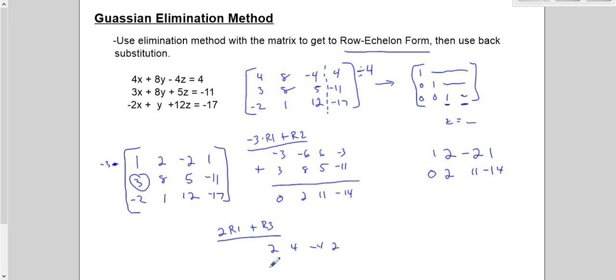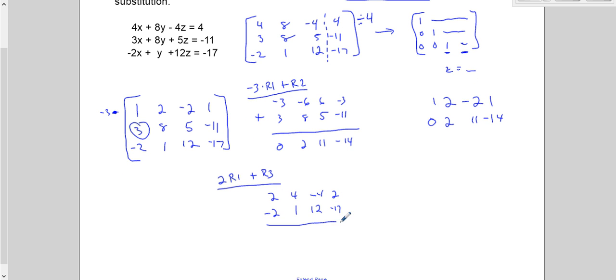My third row is -2, 1, 12, and -17. When I add these together, I get 0, 5, 8, -15.